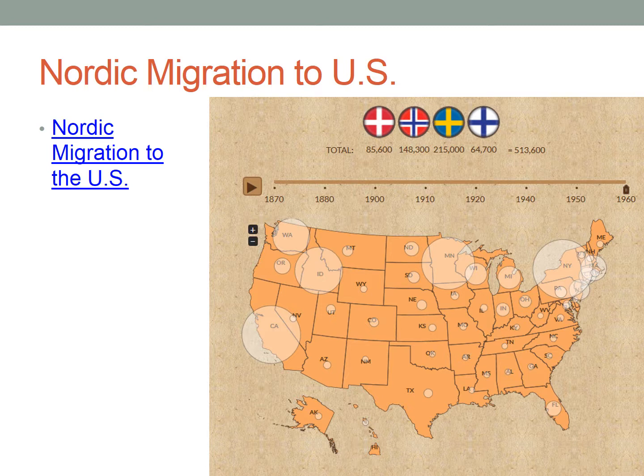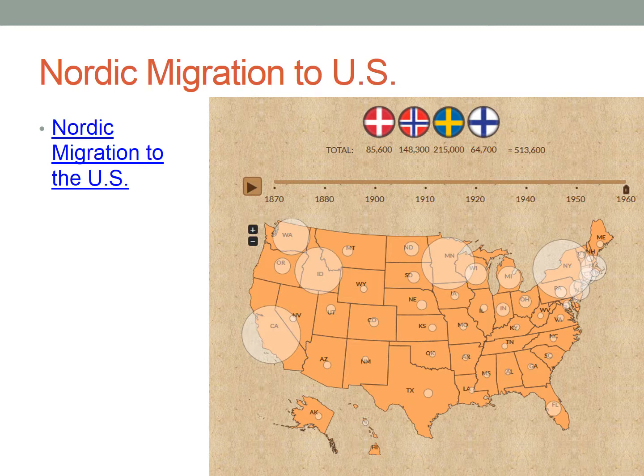Hopefully you said that this was a graduated symbol map, because notice the circles vary in size. And then we also said subnational units or state units would be fine for the United States. Now, I want to draw your attention to the northern border states because, yeah, New York and California have very large Nordic populations, but we kind of expect that because they just have large populations in general.